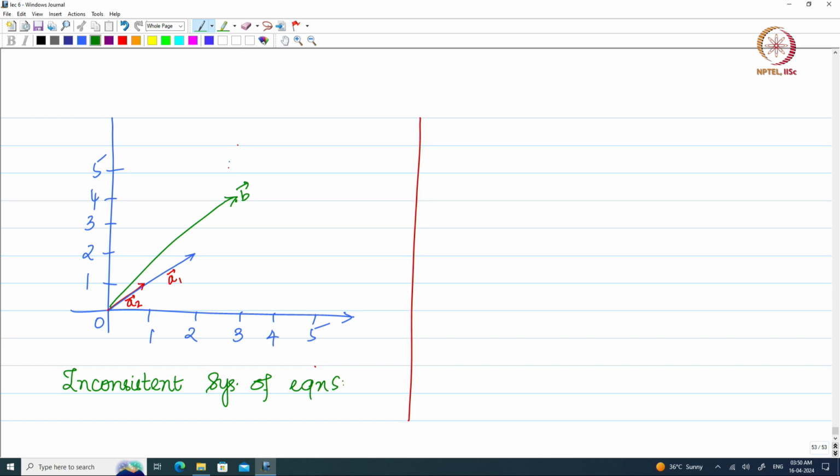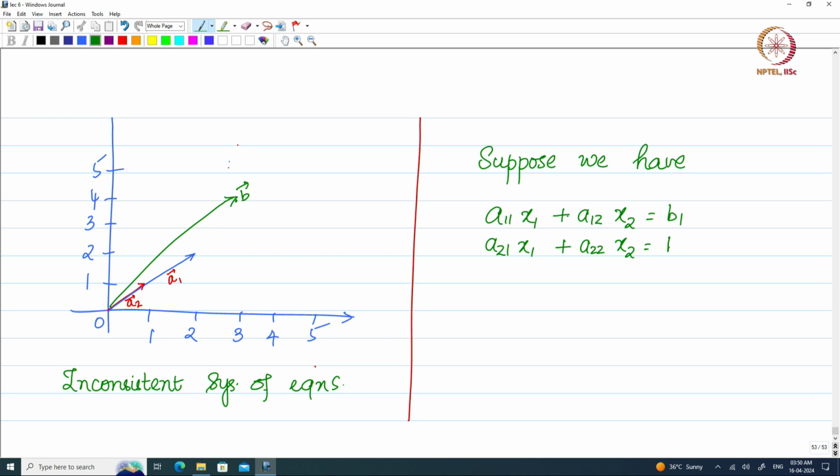Right. So, let us capture all these things in a general form. Suppose we have, let us say, A11 x1 plus A12 x2 is equal to B1 and A21 x1 plus A22 x2 is equal to B2.